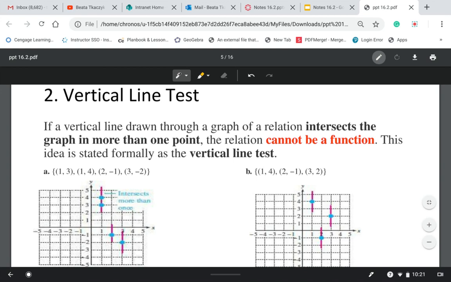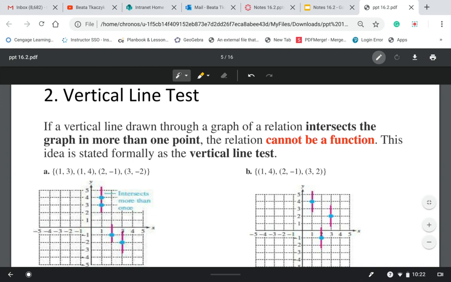When you have a graph, you just create a vertical line, and if the vertical line touches the graph once only, we have a function. If the vertical line intersects or touches the graph more than once, it's not a function.